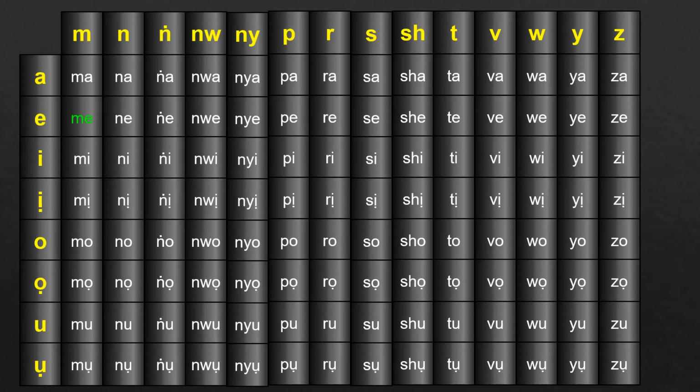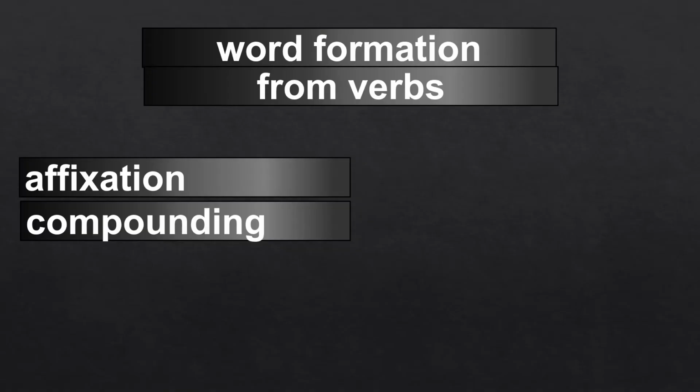If they don't, they will have meaning in other dialects. So we have zu, to buy. So these are the simple verb roots.